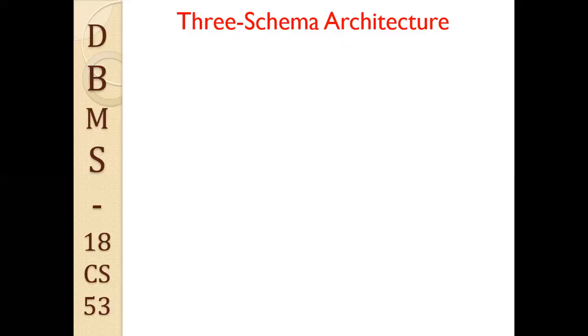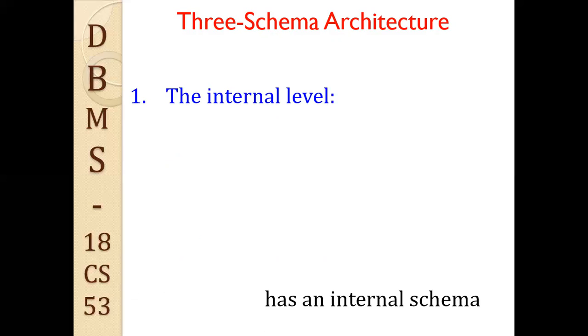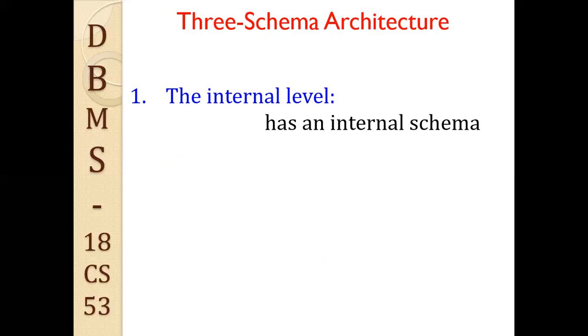So here the DBMS architecture, the schema architecture, contains mainly 3 levels. The first is the internal level. This internal level has the internal schema, and the internal schema describes the physical storage structure of the database.